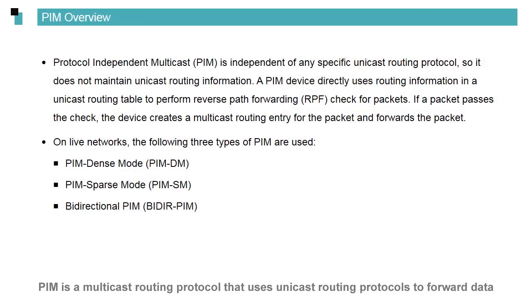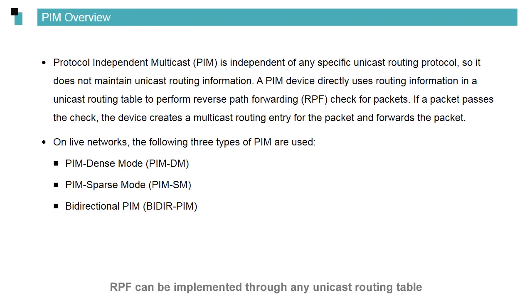PIM is a multicast routing protocol that uses unicast routing protocols to forward data, but PIM is independent of any specific unicast routing protocol. Reverse path forwarding is an important mechanism used by PIM to check whether packets are received by the correct upstream interfaces.